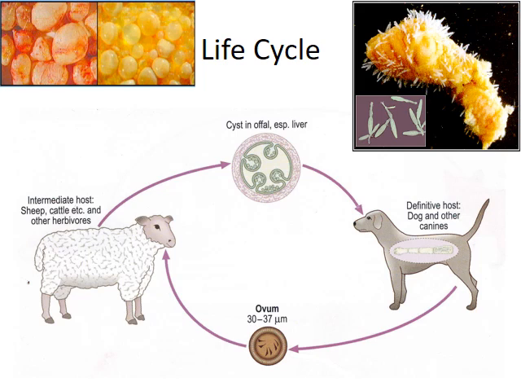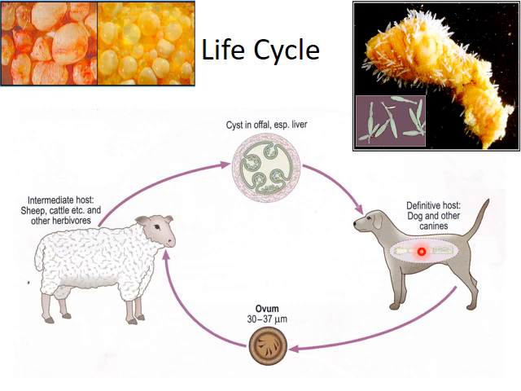Echinococcus granulosus passes its life cycle through 2 hosts, that is the dog and the sheep. The dog is the definitive host wherein we can see the adult form, and the sheep is the intermediate host wherein we can see the cyst. The dog acquires infection by consumption of contaminated organs of sheep. The organs of the sheep are contaminated with the hydatid cyst, that is the larval form. Then these organs get ingested by the dog.